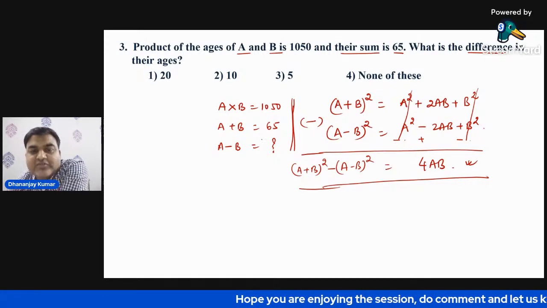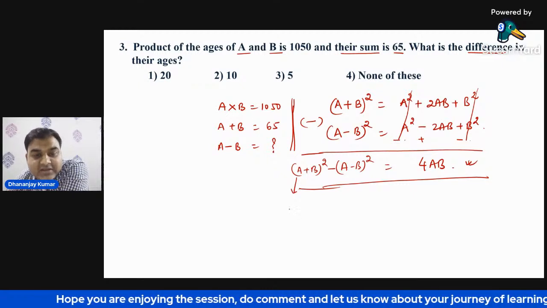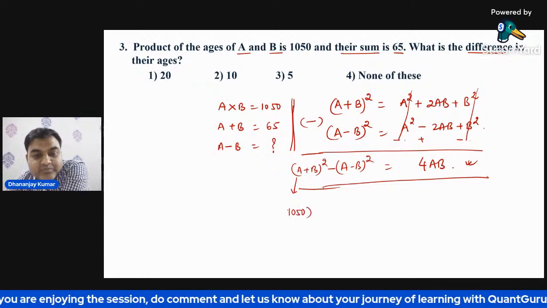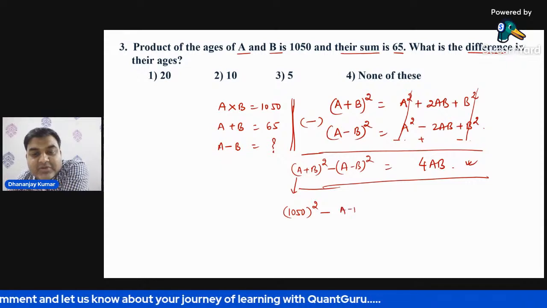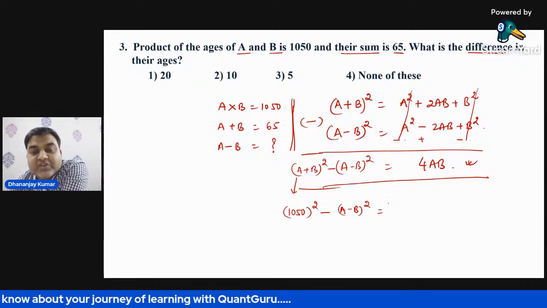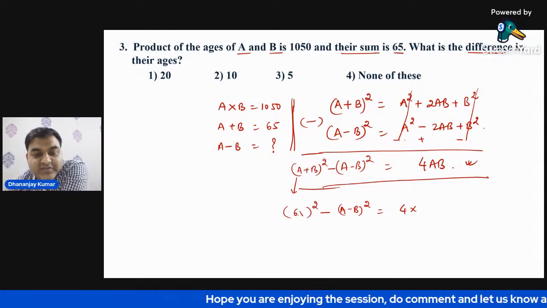Let's put the values from this. A plus B whole square, can we write 1050 whole square minus A minus B whole square, we do not know, is equal to 4 times AB. Sorry, this A plus B was 65 square.